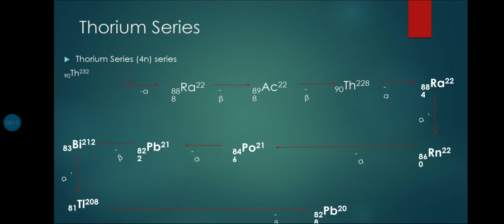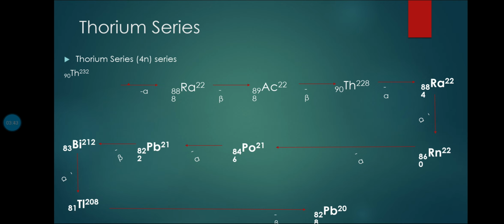Whenever an alpha particle is emitted, the atomic number decreases by 2. So 88 minus 2 is 86, it is radon, and at the same time the mass number decreases by 4 units. So 224 minus 4 is 220.